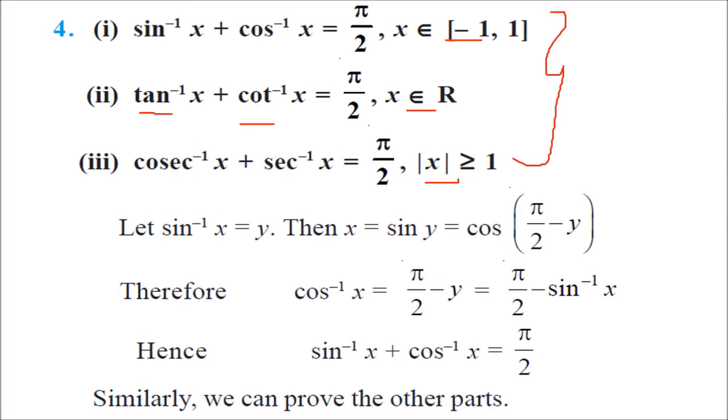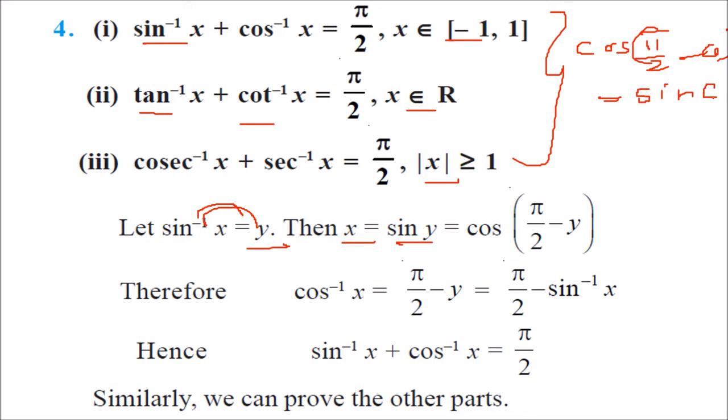Let us take sin inverse x as y. So what will be y? Take sin here: x will be equal to sin y. And we know that cos of pi by 2 minus theta is equal to sin theta, and also sin of pi by 2 minus theta is equal to cos theta. So for sin y, we can write cos of pi by 2 minus y.